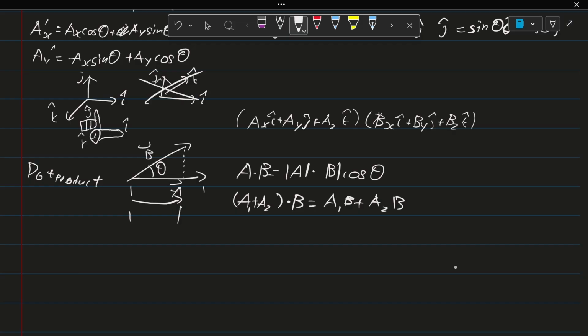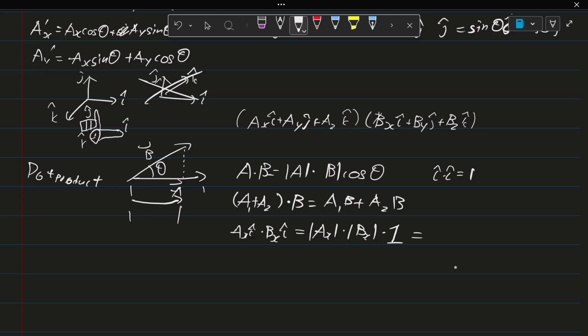So ax i hat dot bx i hat is going to be the same thing as taking the magnitude of ax times the magnitude of bx, but the lengths are ax and bx, and the i hat, its angle is always 0 degrees, so this is multiplied by 1. So it's always just ax times bx. Pretty much the way that you could extend this is that i hat dot i hat is always 1, and same thing for j and k, and for any other vectors. If they have the same direction, you just need to multiply the magnitude.